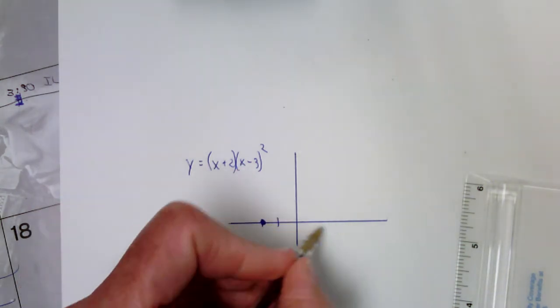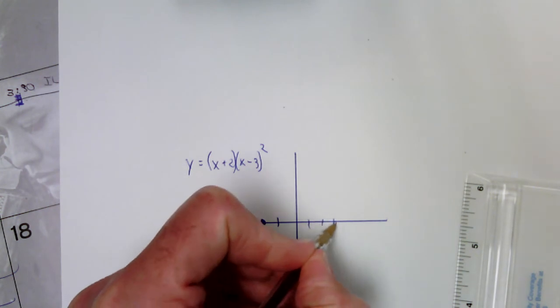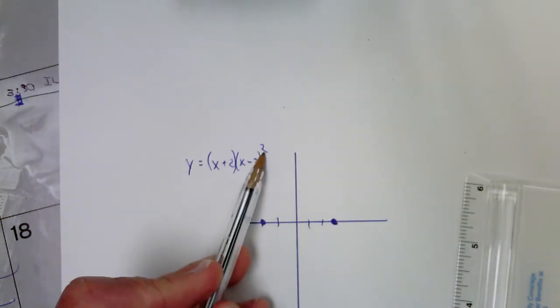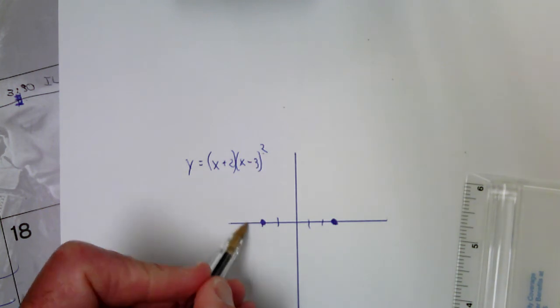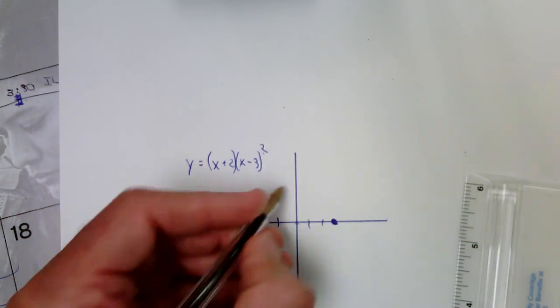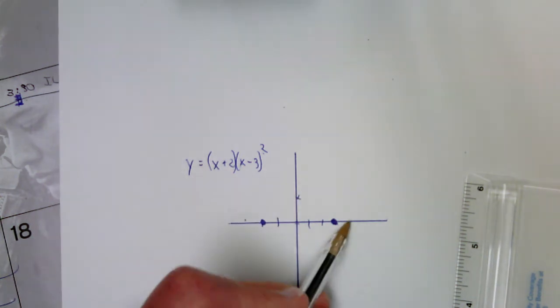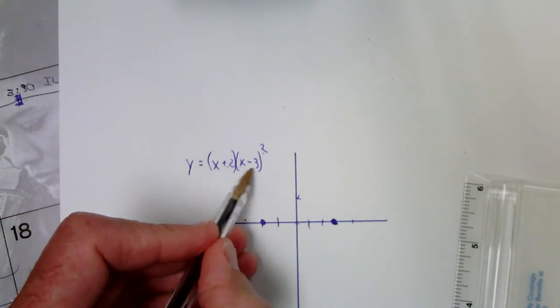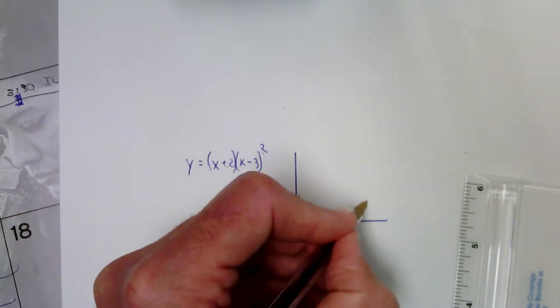It means it's going to touch at positive 3, but it's going to bounce at positive 3. We take 0, plug it in, and we find that it's a positive value. If we plug in 4, we get 6 and 1, so that's a positive value here.